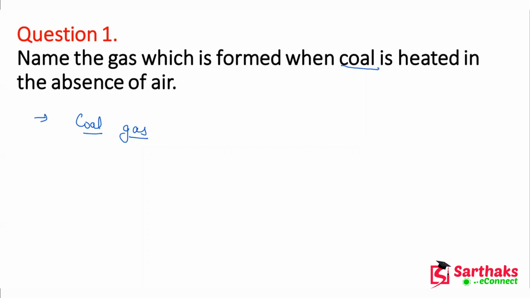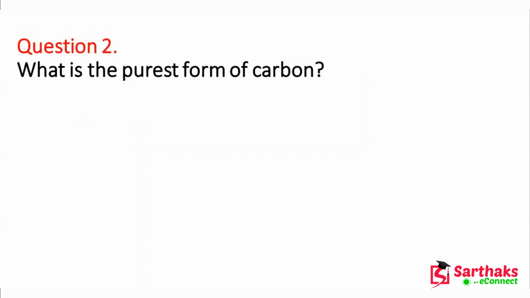Now the next question that we are going to look at is, what is the purest form of carbon? We have already seen in the coal procedure that the purest form of carbon is coke.